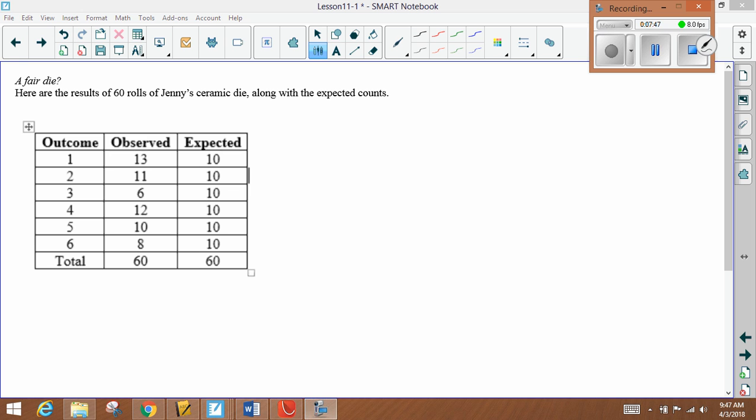So here we go. We got Jenna's ceramic die and her expected counts. Obviously, the expected counts we calculated already. So let's go ahead and calculate our chi-squared value. Okay?